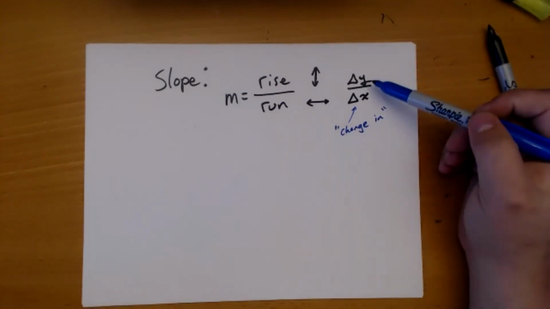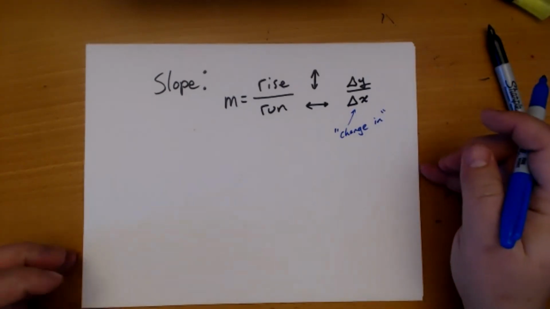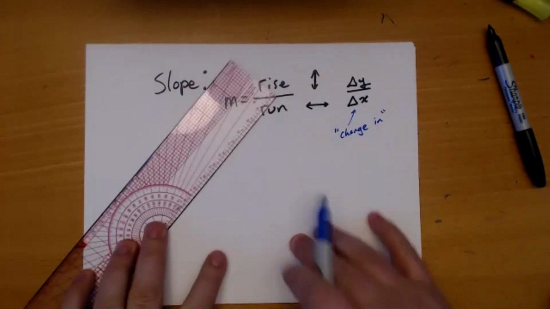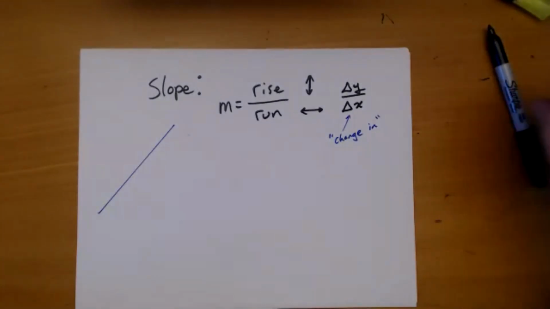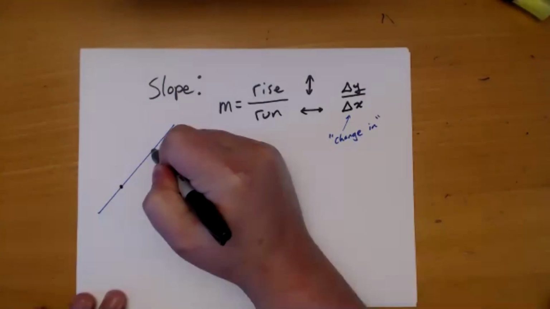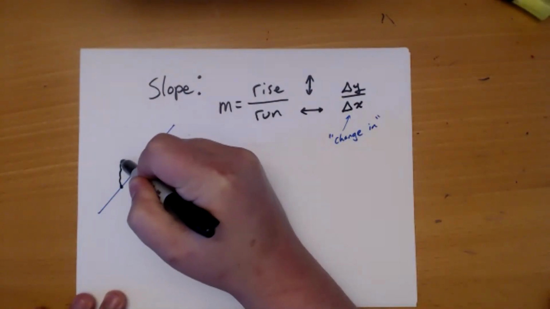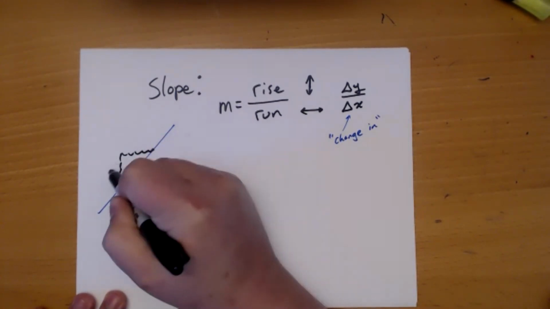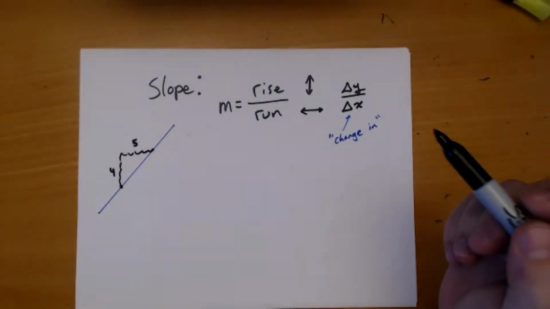So how much is the Y changing and how much is the X changing? Okay. And we can kind of see that on a graph. Like when you count the slope, you know, you go maybe like that.